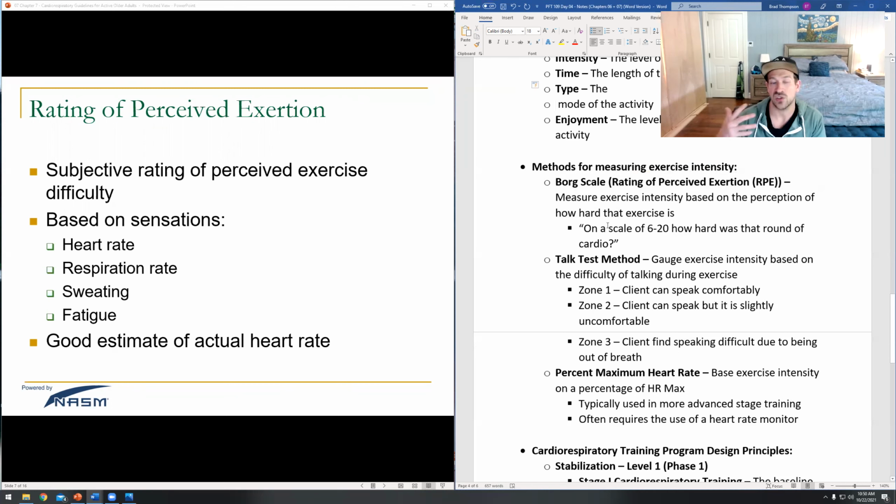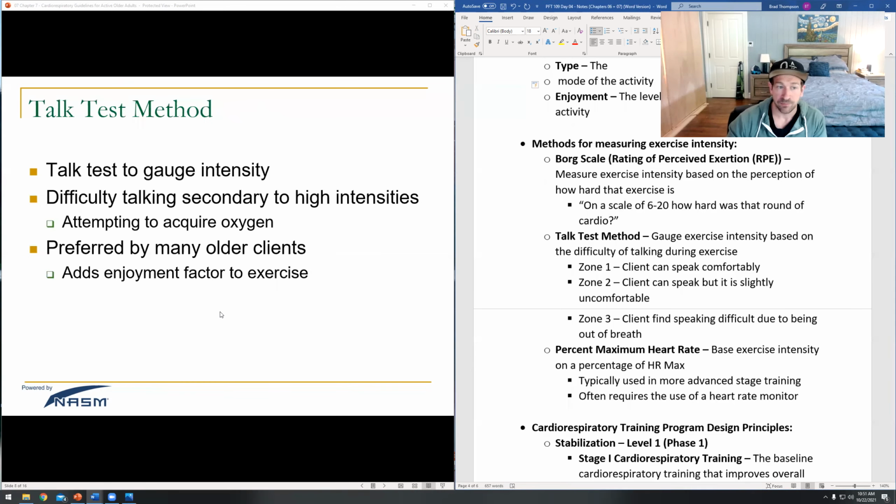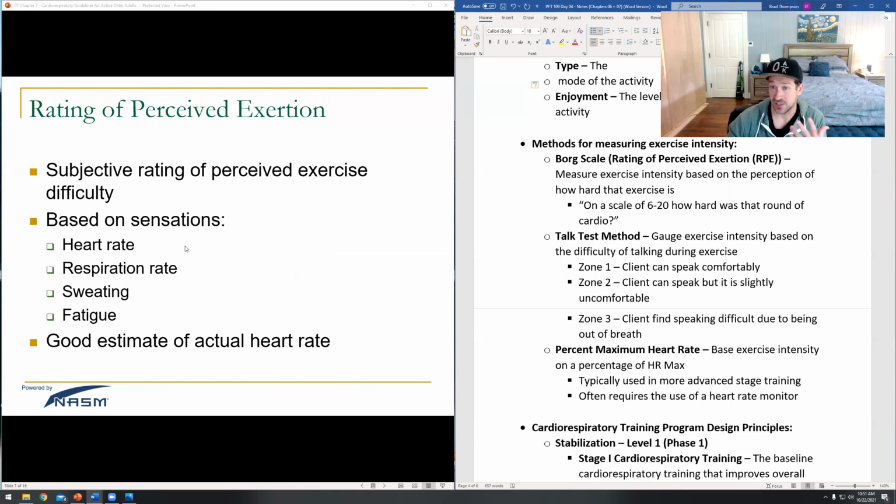So you'd basically ask your client on a scale of 6 to 20, how hard was that round of cardio? And they'll tell you. This is based on their sensations, how hard they feel their chest pounding, what their respiration rate is, maybe how much they're sweating, or generally how fatigued they are.